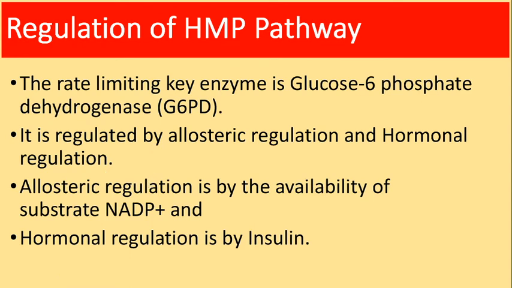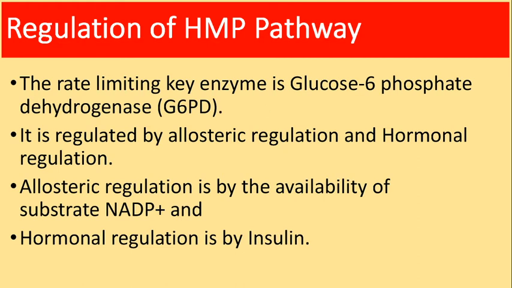Allosteric regulation involves the availability of the substrate NADP plus, as well as the availability of the reducing power NADPH. So whenever there is an increased requirement for this reducing equivalent NADPH, there will be more activity of the enzyme glucose 6-phosphate dehydrogenase to stimulate this HMP pathway.